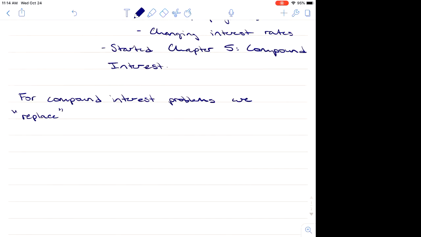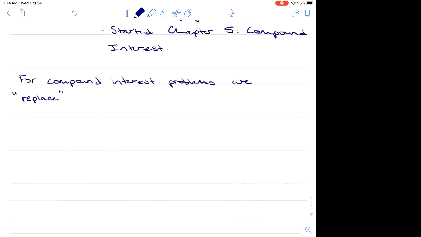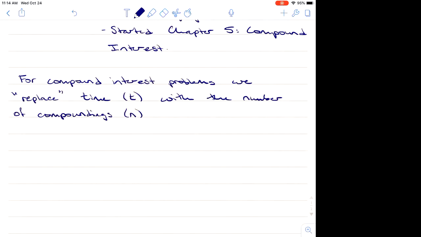We're still going to have time, but we need to know the number of compoundings, right? Not time anymore. So we replace time, t, with the number of compoundings, lowercase n.